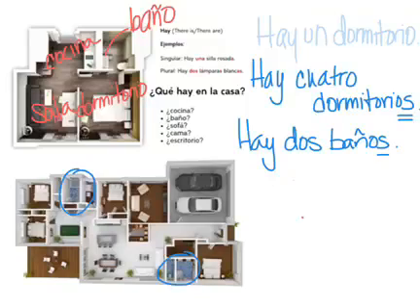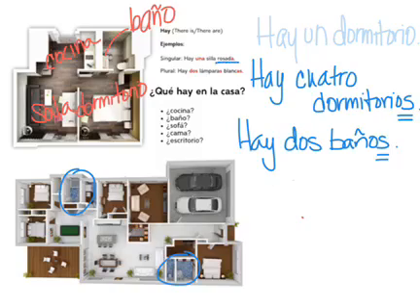Now, it's not too different from English when you're just saying there are 4 bathrooms. There are 2 parking spaces. There are 3 tables. But it's when we put the adjective after the noun that we have to do a little bit of extra work. So I want to show you an example of that.